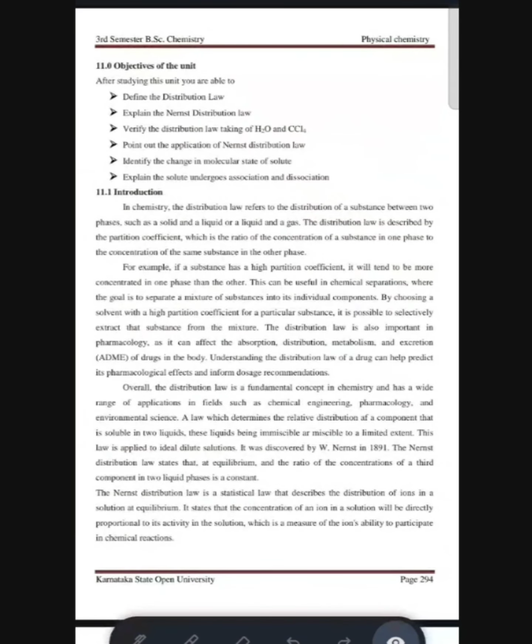While you are going to study, the main topics we need to study are to define the distribution law, explain the Nernst distribution law, and verify the distribution law taking water and carbon tetrachloride. So these are the applications. What are the applications of distribution law?